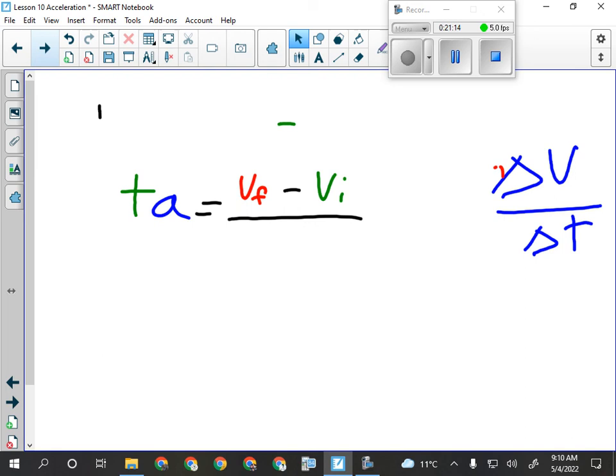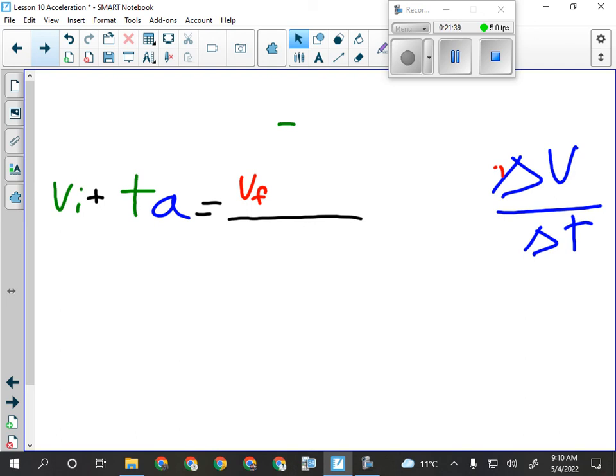Which one? The green one, yeah, VI, right? Because I've got a VI and a VF. All right, so I'm going to bring VI over here. I'm going to add it. You thought that was just a little dot that I made to make a plus sign. Okay, so now I've got VI plus T times A equals VF.